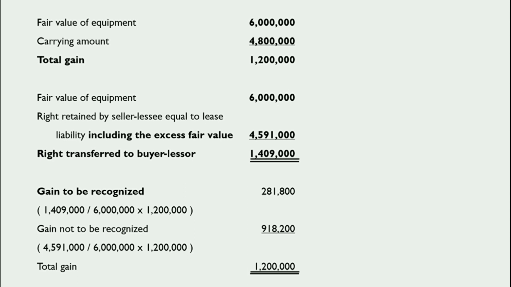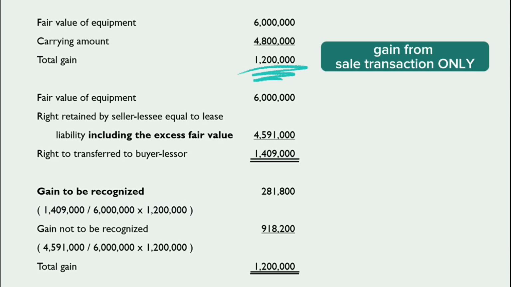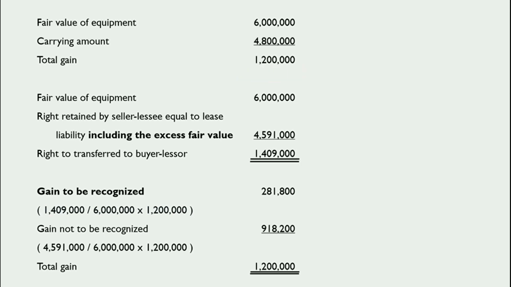So, dito na tayo sa kung ano ba yung gain to be recognized. Kaganina, may total gain na 1,200,000, right? Pero yung 1,200,000 na yan, gain yan siya, pero sa sale lang. Sa sale transaction. But we have lease transaction man, so that 1,200,000, mag-reduce yan siya. May part niya na mag-reduce because there's a leaseback.